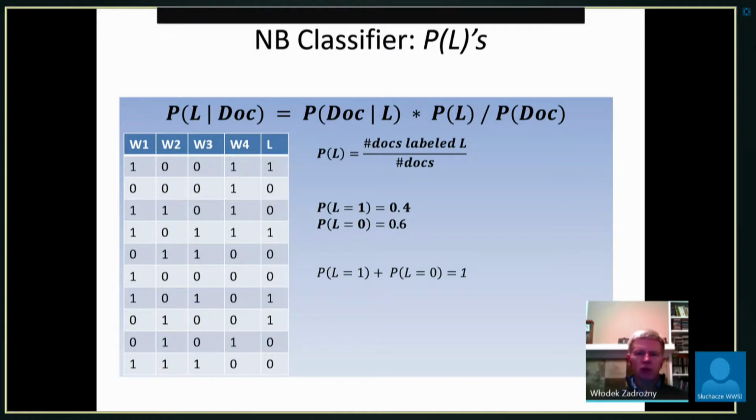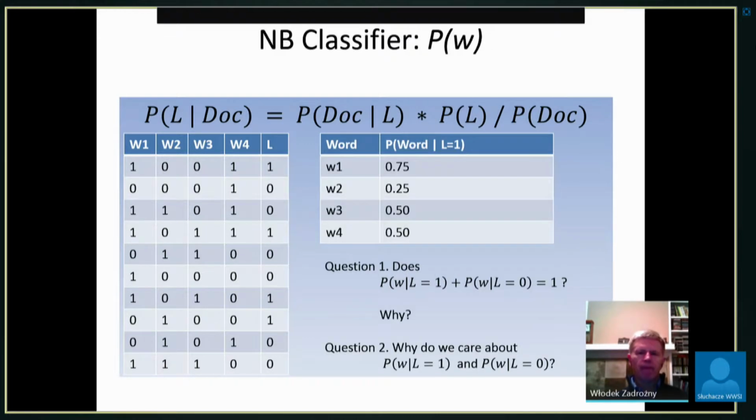Right, so let's continue. So we see that we have computed P of L in the expression on the right-hand side on the top. So we need to compute the next thing, which is the probability of the document given label, right? And this is where things become somewhat interesting.